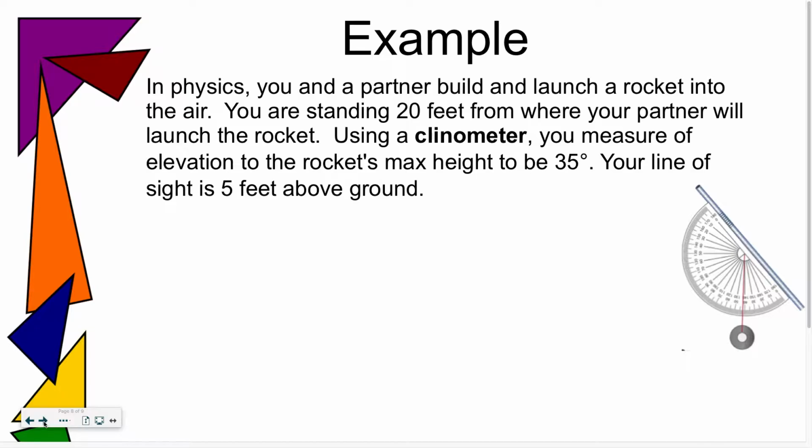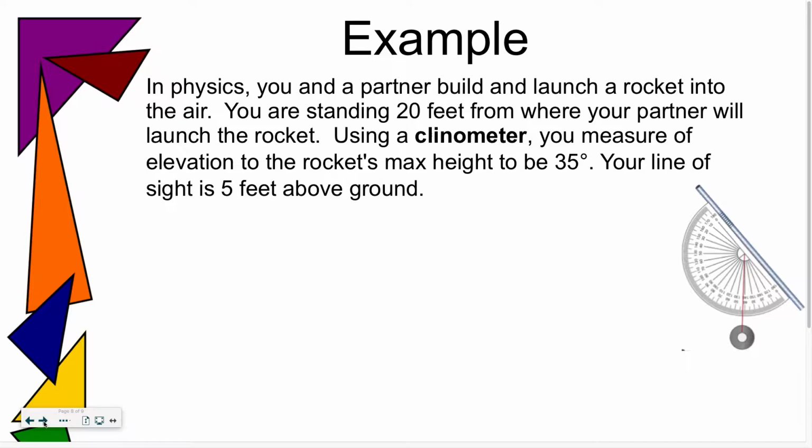So we'd be looking for the rocket, get that in the line of sight of the clinometer, and then we measure that angle of elevation to be 35 degrees. There are other versions of clinometers, or sometimes they're called inclinometers, like an incline. Some of the other versions that maybe you've seen in physics class look like guns.